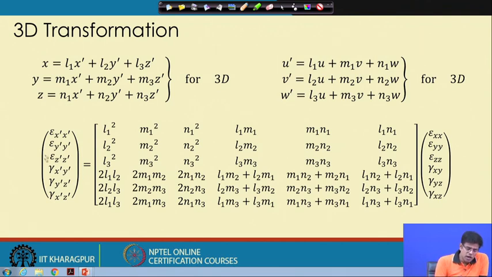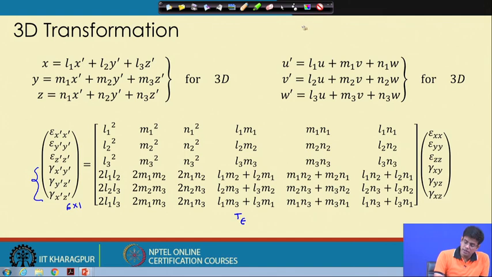So, here now in a 3D case there will be 6 cross 1 strain vector in a Voigt notation. So, again I am using the shear strain components. So, now again this quantity is in a prime coordinate system. So, this can be the 3D rotation matrix for the strains transformation. So, it is essentially T epsilon and this is the non-prime quantity.